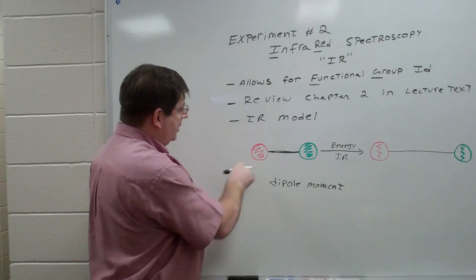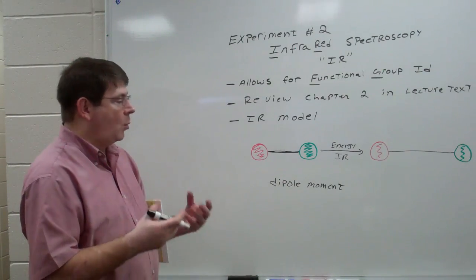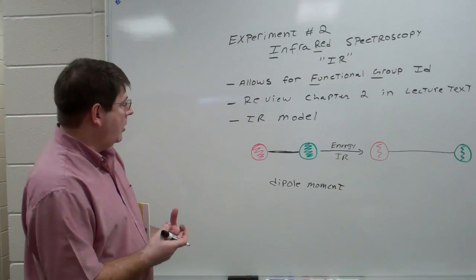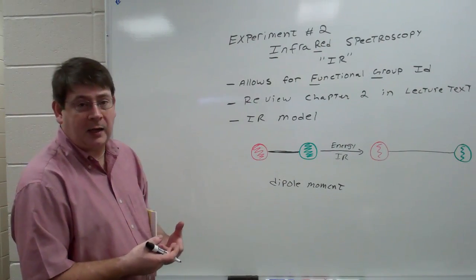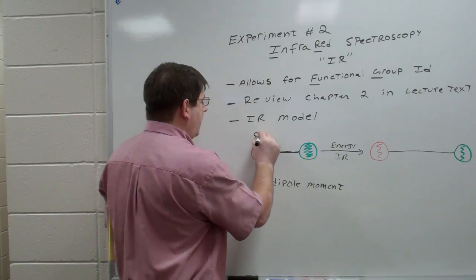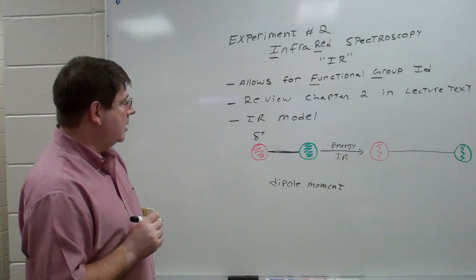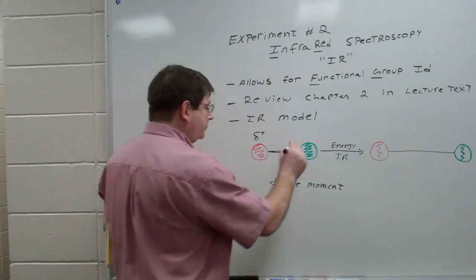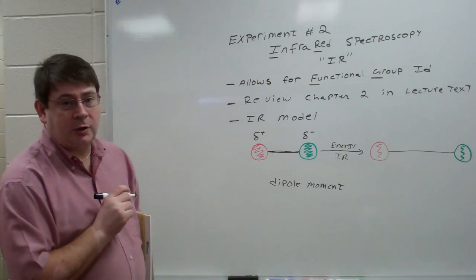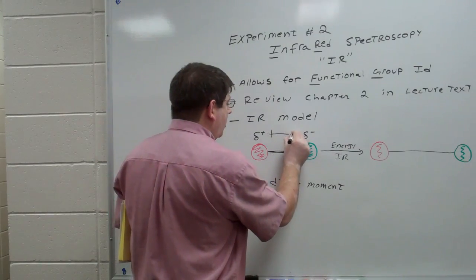Well, let's suppose that the red atom is less electronegative than the green atom. So the green is more electronegative, say something like fluorine, and the red atom is something less electronegative, something like perhaps hydrogen. And so we can draw this as being a polar covalent bond where the red atom takes on a partial positive charge, the green atom takes on a partial negative charge, and what we have here then is a dipole going in this direction.